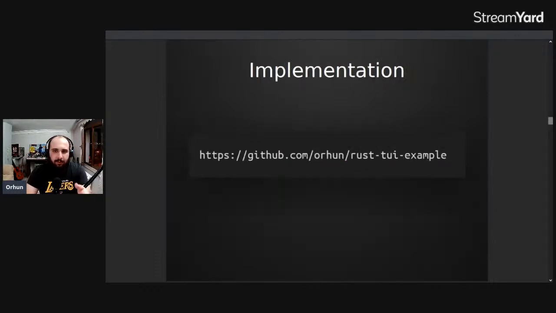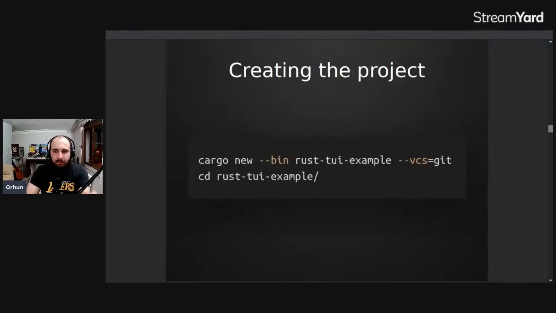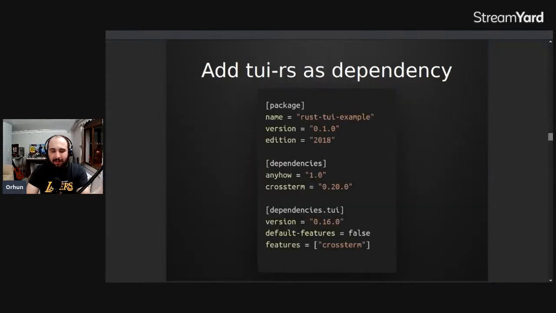You can clone this repository, or I will show how to do things from scratch here. First thing, I'll create this project. It's not needed if you clone the repository, but I just wanted to show this anyways. I'm sure everyone knows this already, but yeah.